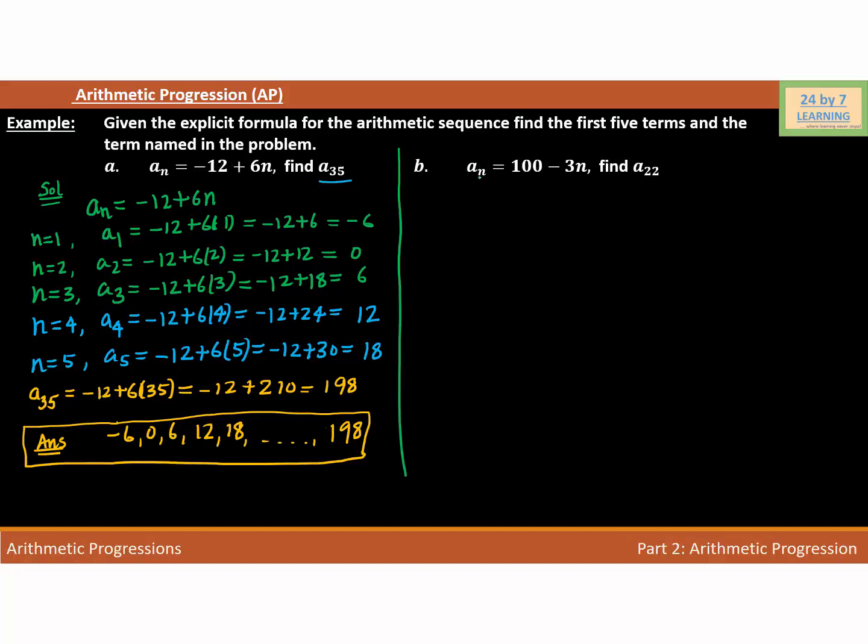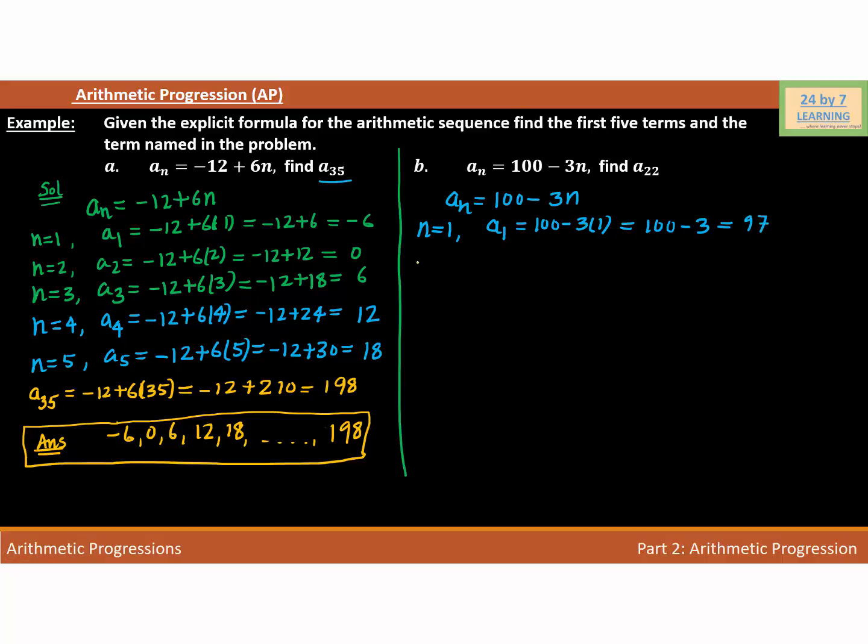Now let's try to solve the next question. It is given that a_n, my explicit formula, is equal to 100 minus 3n. I'm going to find the first 5 terms. n is equal to 1, and a1 is equal to 100 minus 3 times 1, and 3 times 1 is 3, so 100 minus 3 is 97.